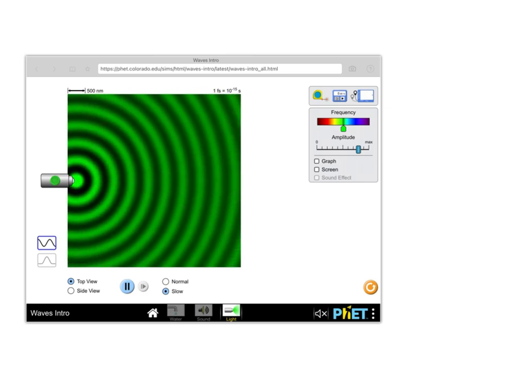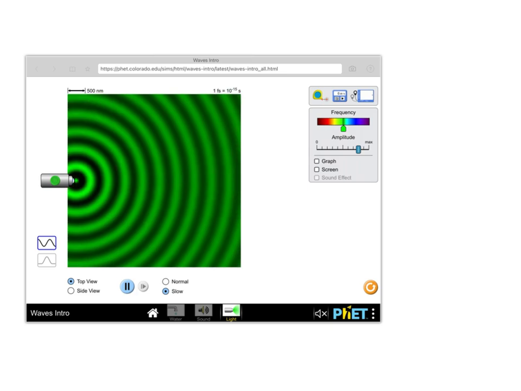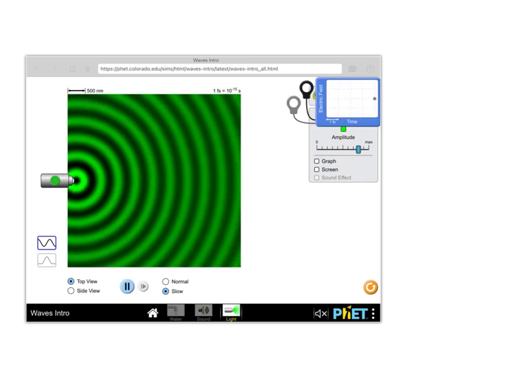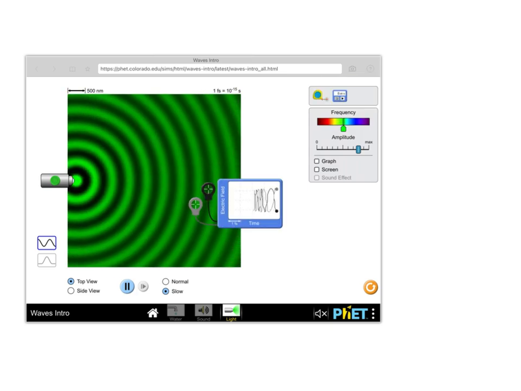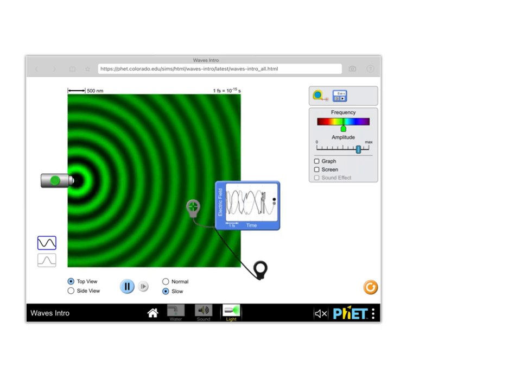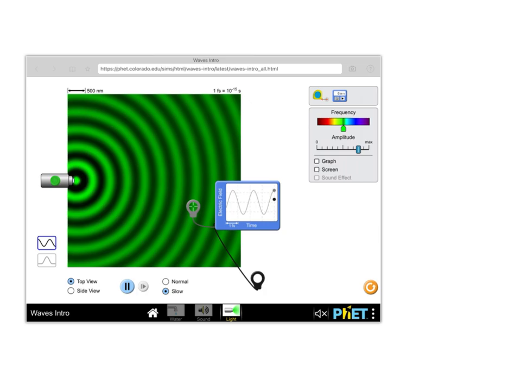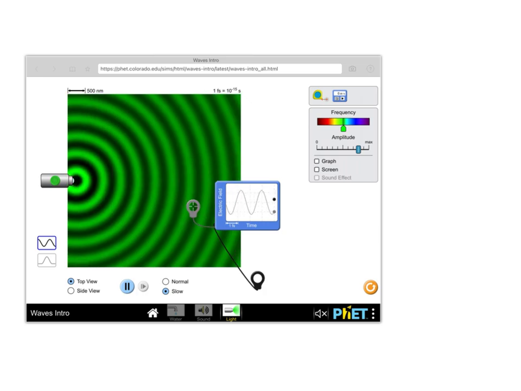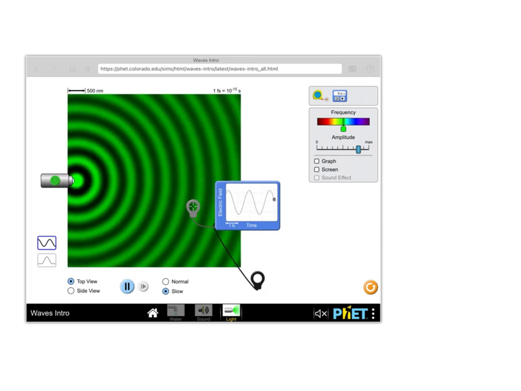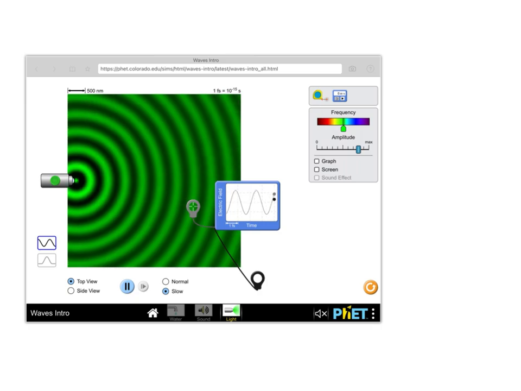So what we're going to look at here is simply the electric field. We'll use our little measuring instrument here and look at the pattern that we get as we get this undulation or disturbance in the electric field.